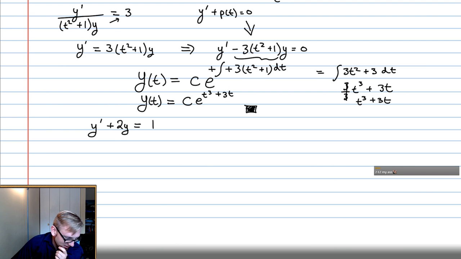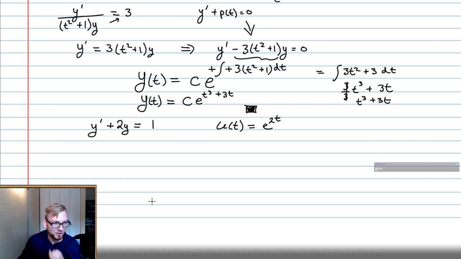For differential equations, this is like first chapter. Okay, okay. I'm going to give you a hint. U of t is equal to e to the 2t. I'm going to go get some water. Tell me what the answer is by the time I get back.